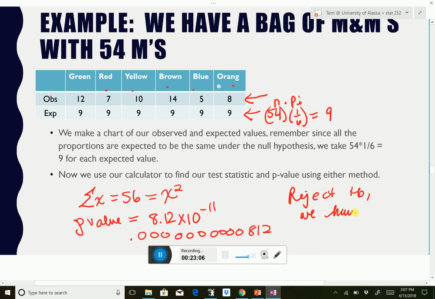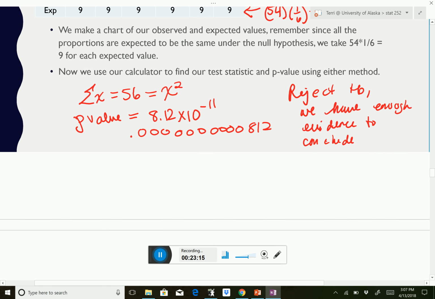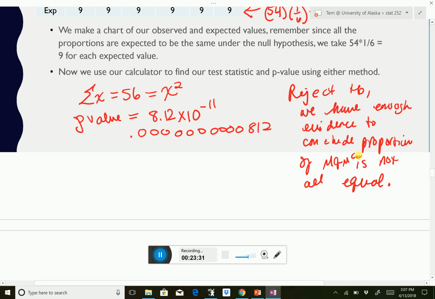We have enough evidence to conclude that the proportion of M&M colors are not all equal. Okay.